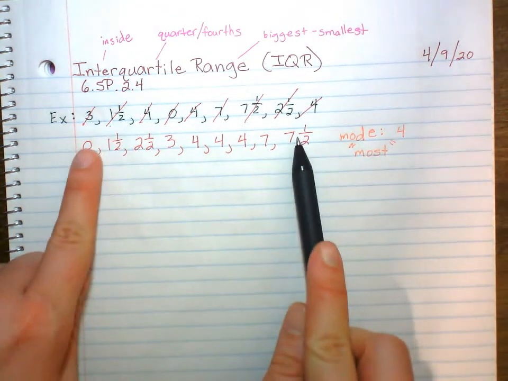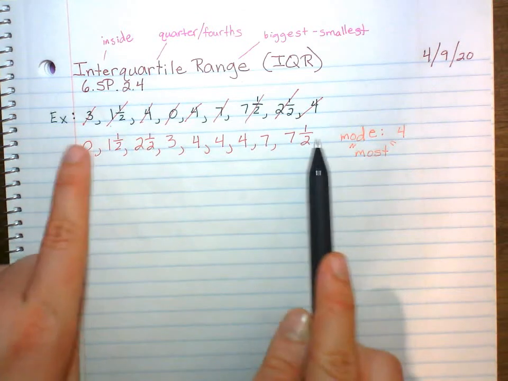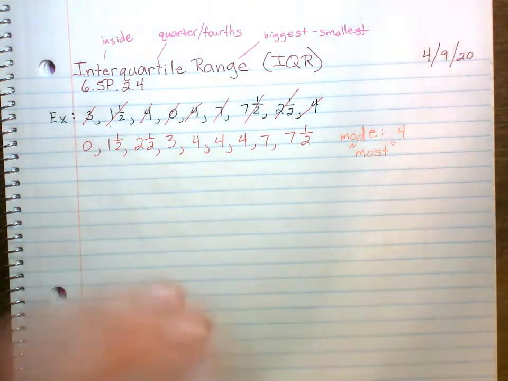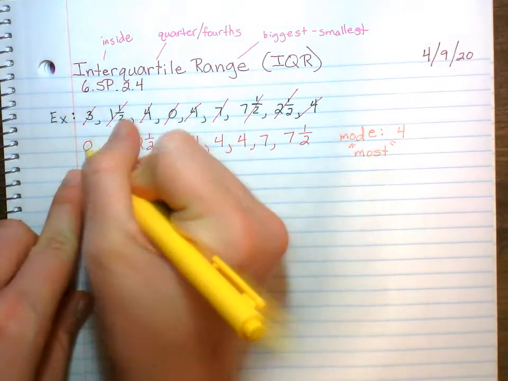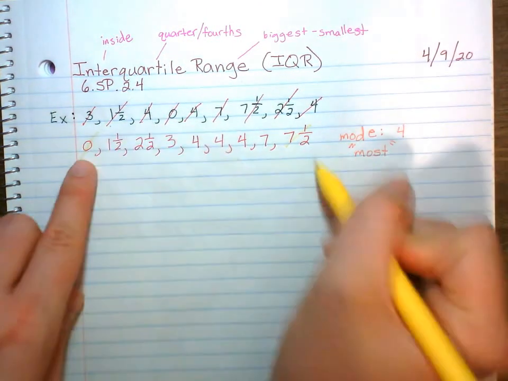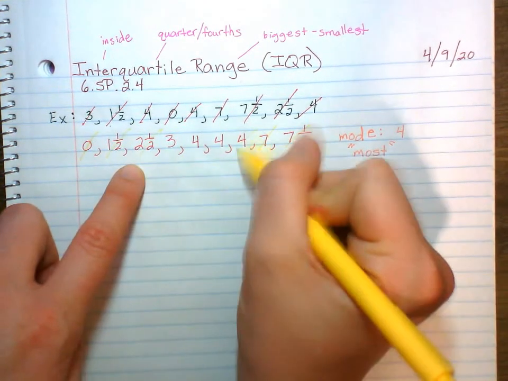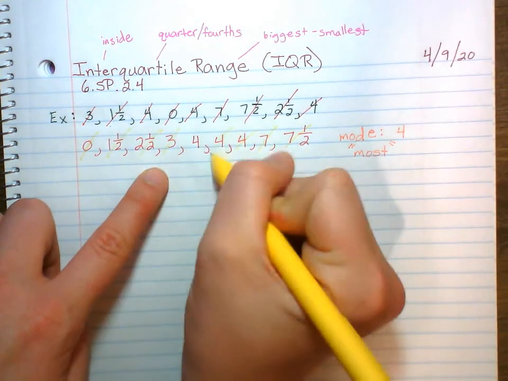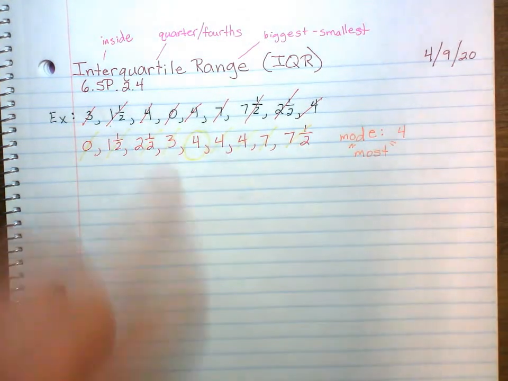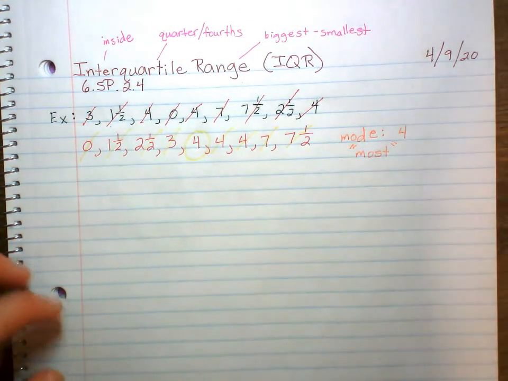So 1, 2, okay, 3, nope. See, that's why I like crossing them out. I'm going to cross them out. I'm crossing it out in yellow, so maybe you can't see it. But 1, 1, 2, 2, 3, 3, 4, 4. Okay, so because we have an odd amount of numbers, we had a clear median.